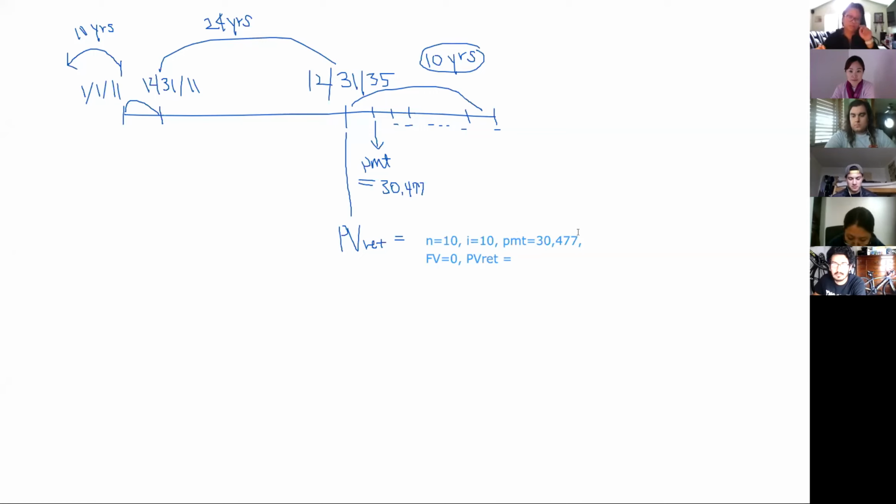Okay, so 187,268 is the total investment amount the company has to have saved by December 31, year 35, by the time that Joe retires, so that the company can pay Joe $30,477 10 times during Joe's retirement.